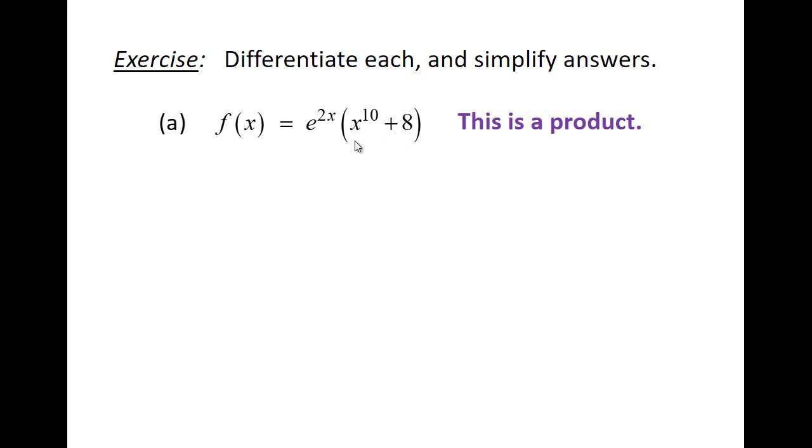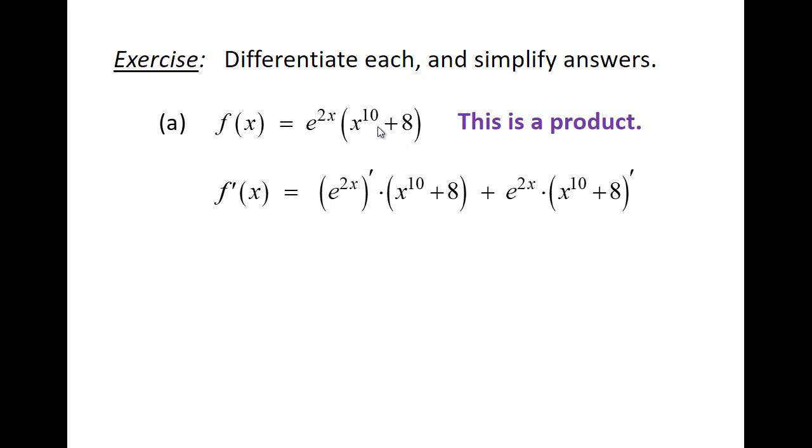So by the product rule, it's the derivative of e to the 2x multiplied by x to the 10 plus 8 plus e to the 2x multiplied by the derivative of x to the 10 plus 8. Again, by using a prime here, we indicate that we are taking the derivative of this function.